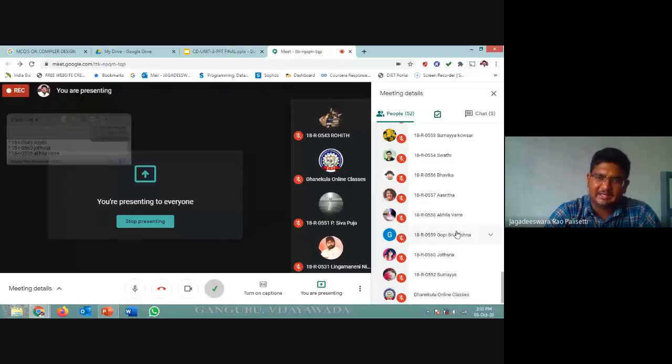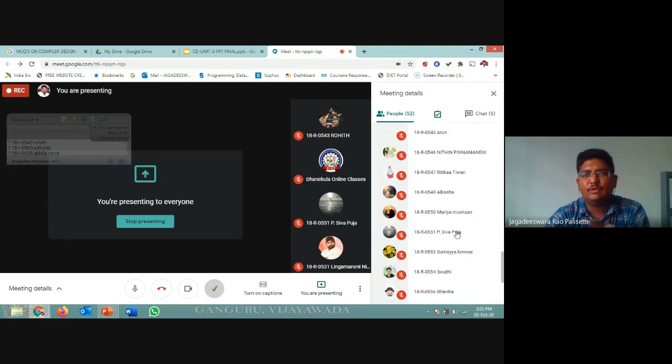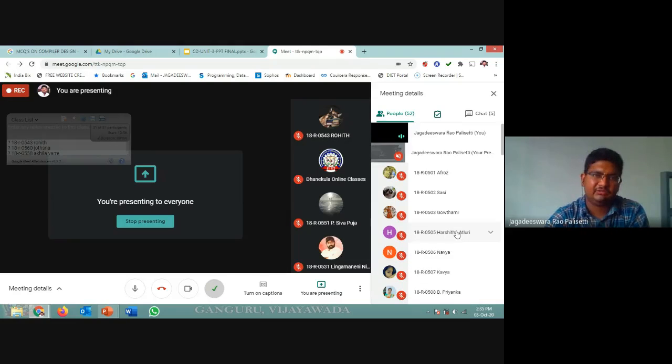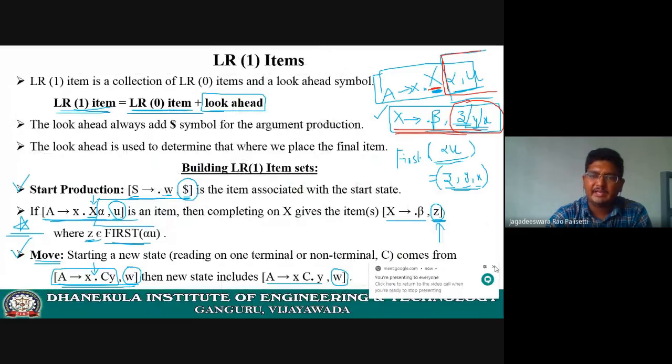Need not explain the algorithm because everything is the same. Every algorithm we did in SLR is the same, but there we were following the follow function. Here there is no need to calculate the follow function. Simply we need to create LR of one items, nothing but we are going to add a look ahead symbol.